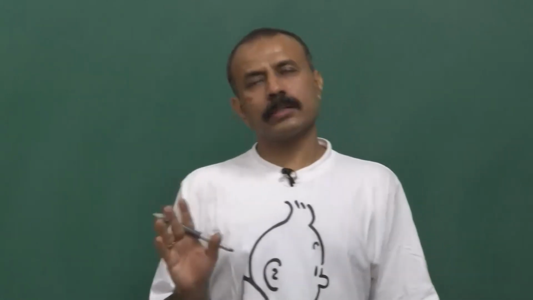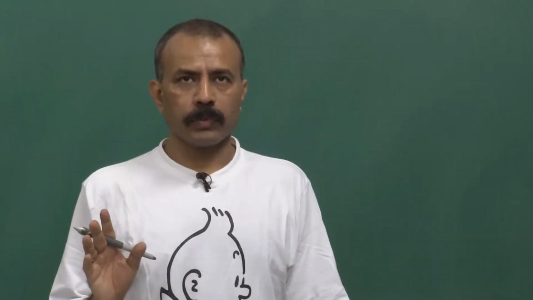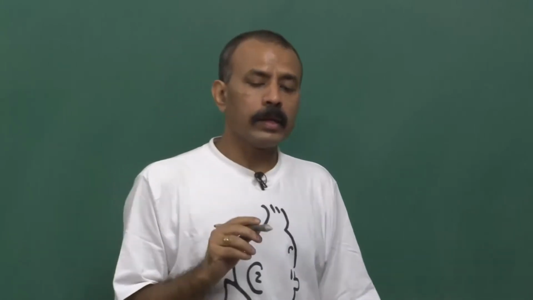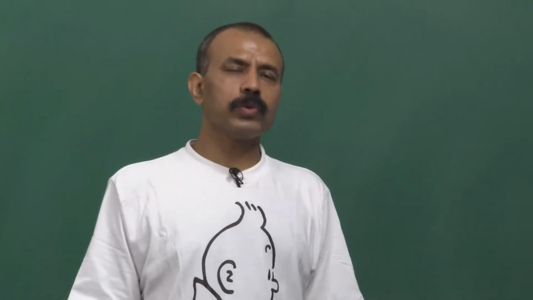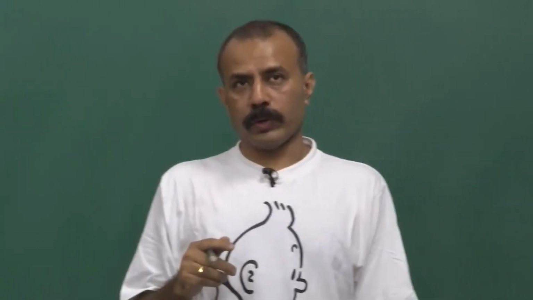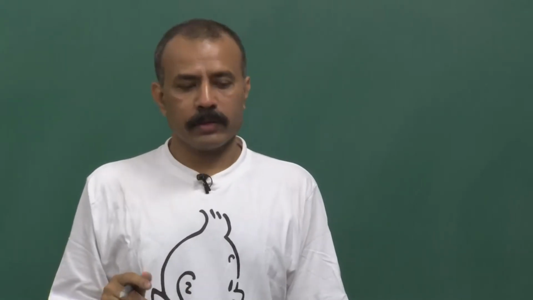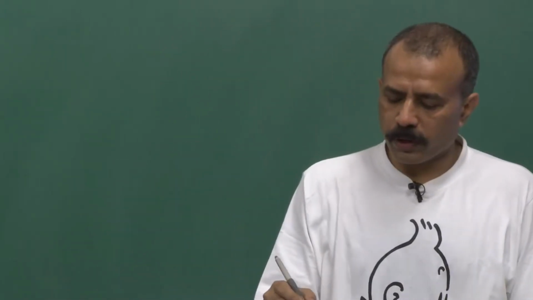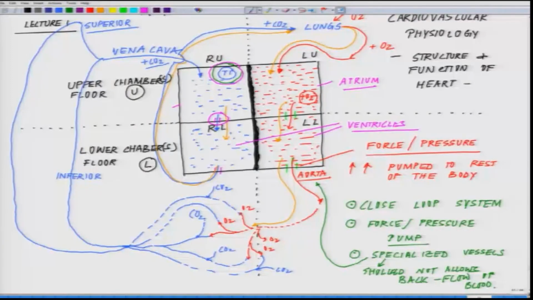These are the technical terms which you need to know, and there are names for these different valves, which I will leave for your exercise, something called semilunar valves, and you should look forward to it. What are those valves? Those valves are present at different points out here, one point here, another point here, another point here.